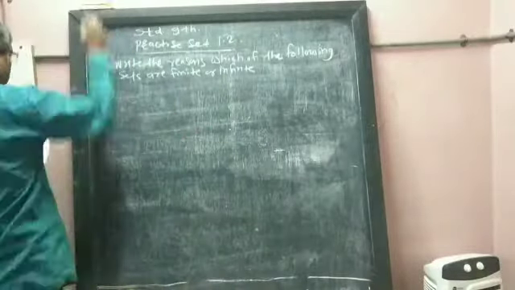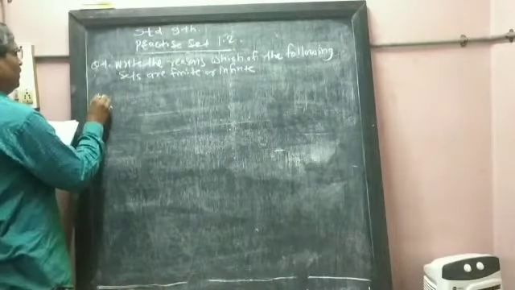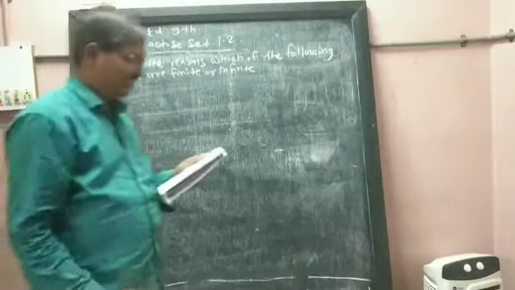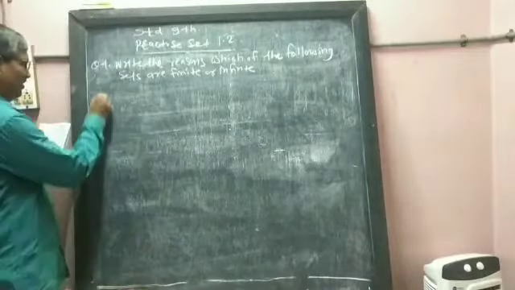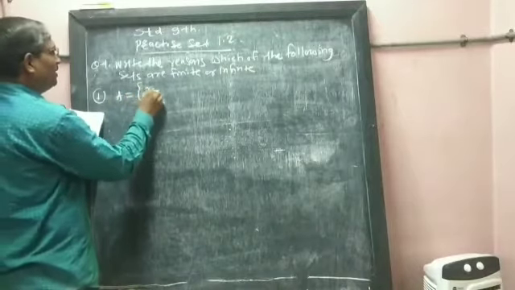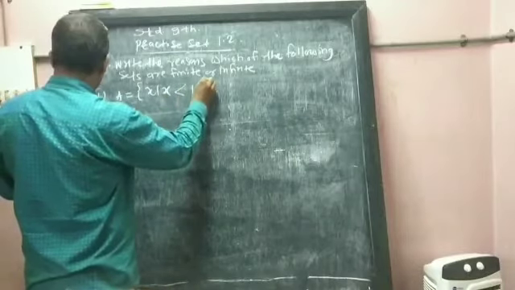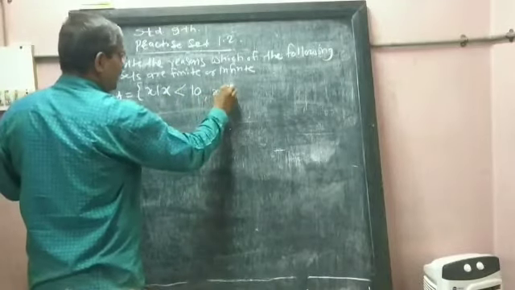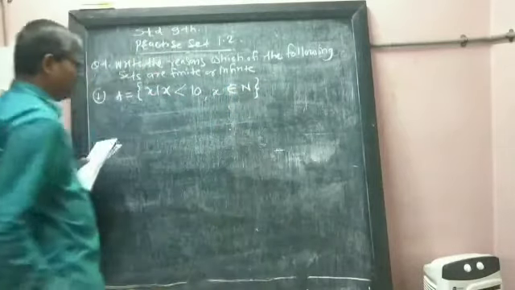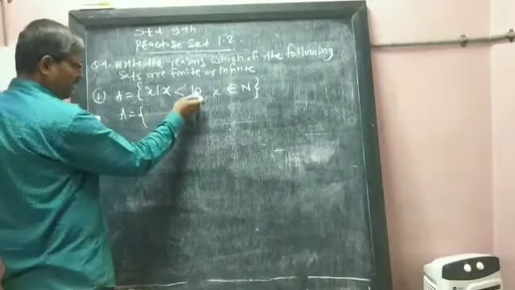Now next, by mistake I took the second first. Now we will see the first. A is equal to {x such that x is smaller than 10, x belongs to natural numbers}. So look here, you may write the numbers.